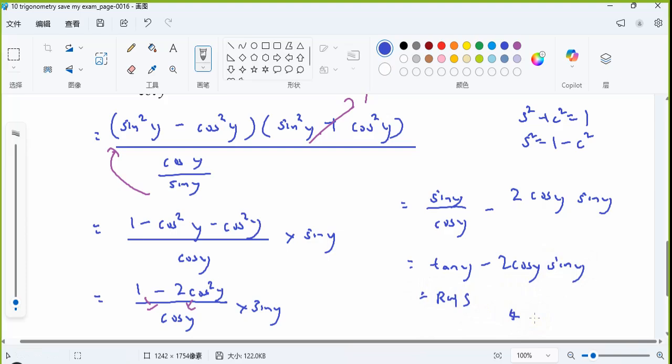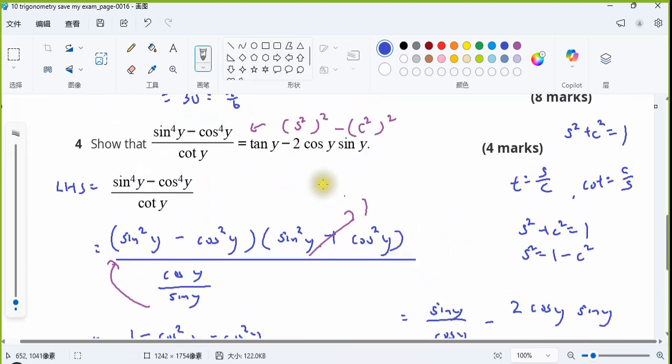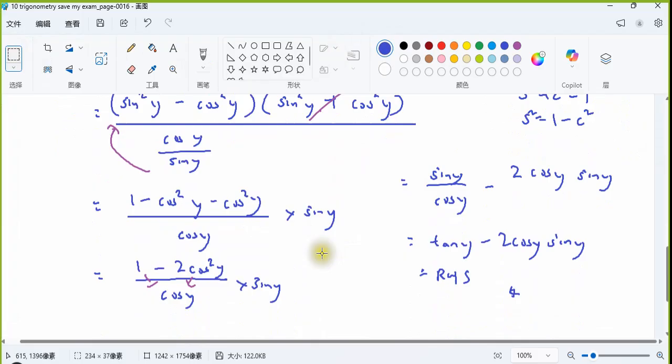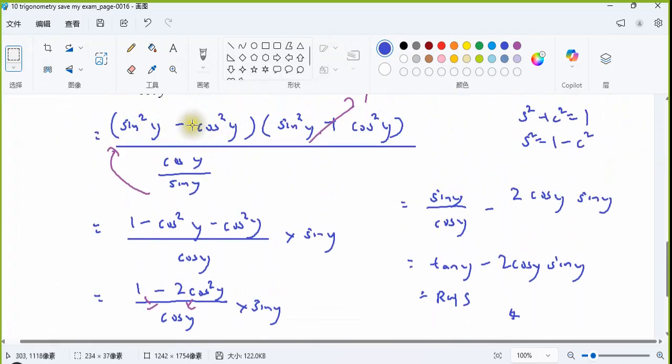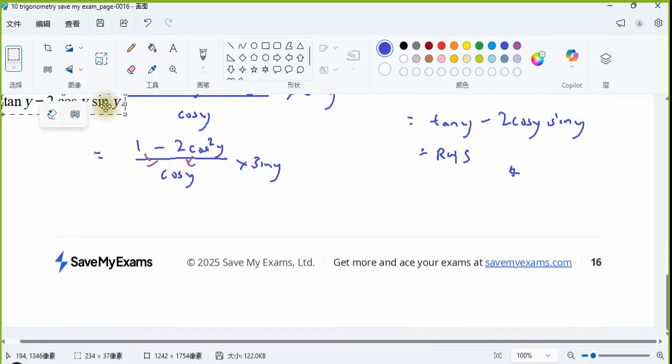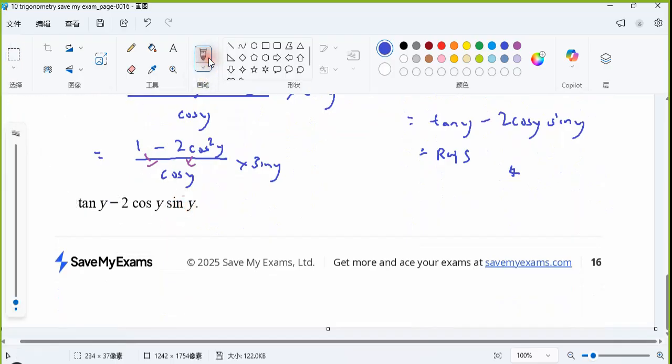Then if you can't continue in the middle, so like this one, just now I have the sine square minus cos square here. I stop. I don't know how to continue. If you don't know how to continue halfway, then you can try to do it this way: you have the left hand side, and the left hand side is the tangent.